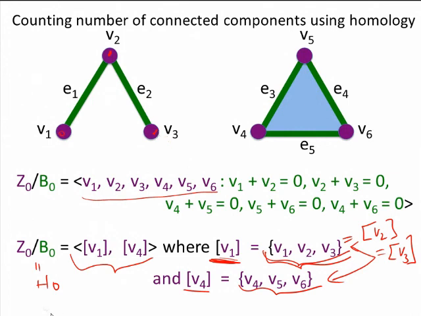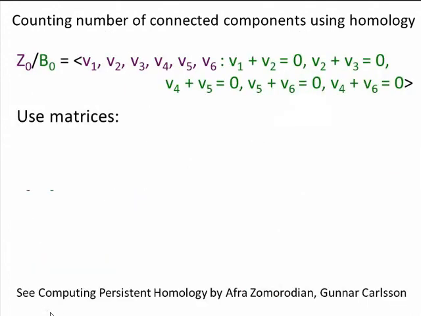But we do have 2 minutes for our last slide, and that is to use our matrices. Many of you are familiar from linear algebra that I have a set of equations here, and I can translate this set of equations into a matrix.